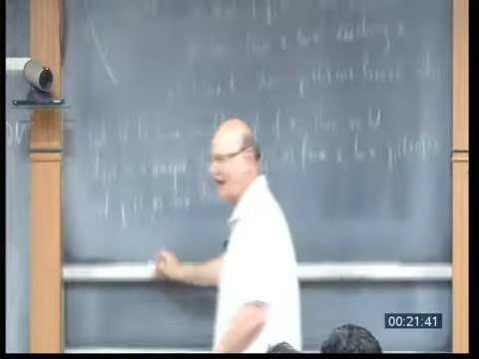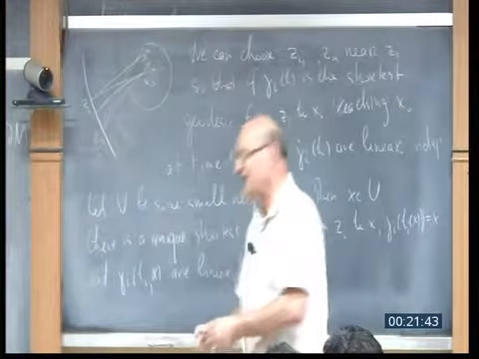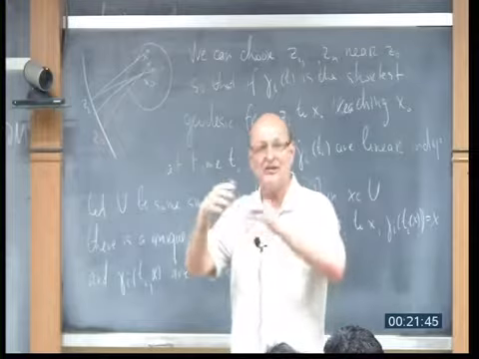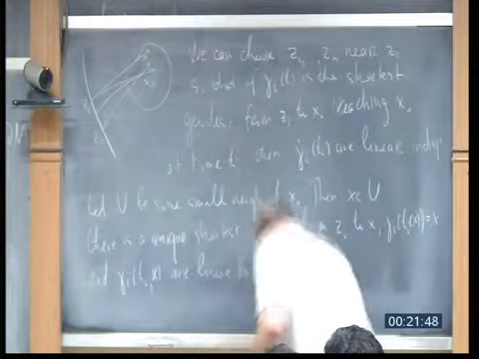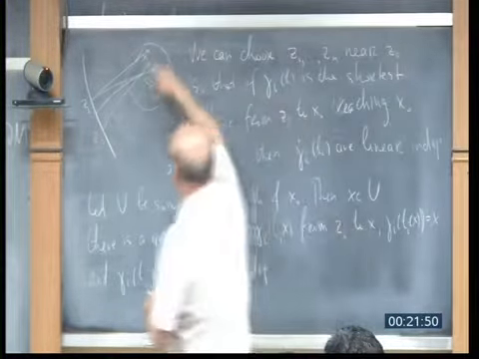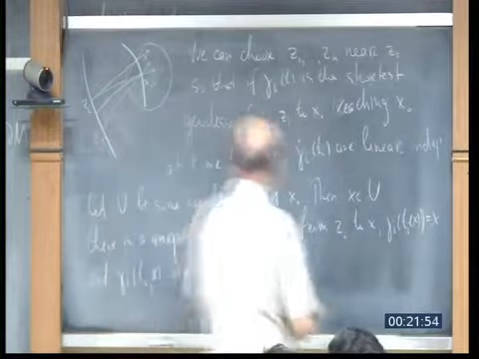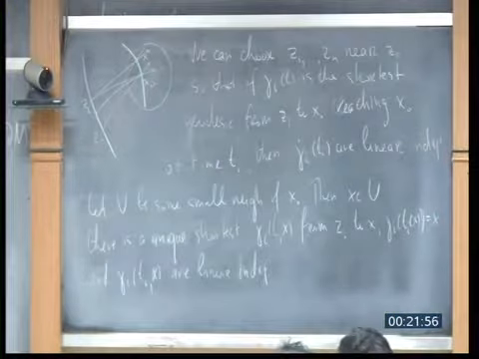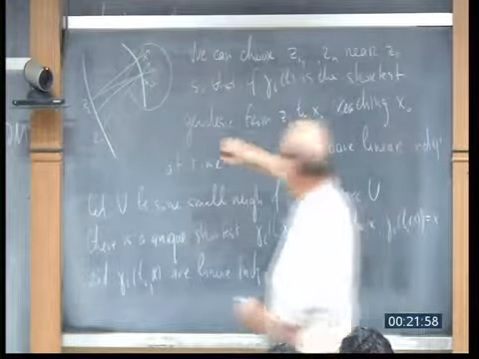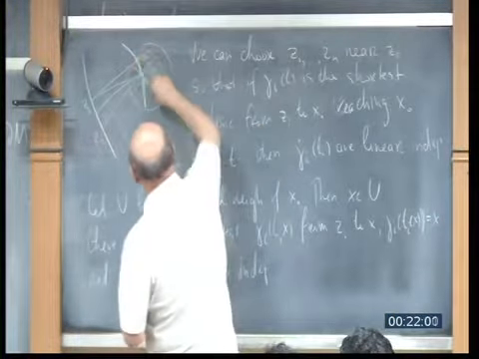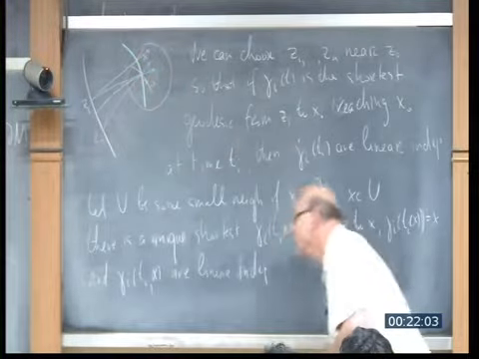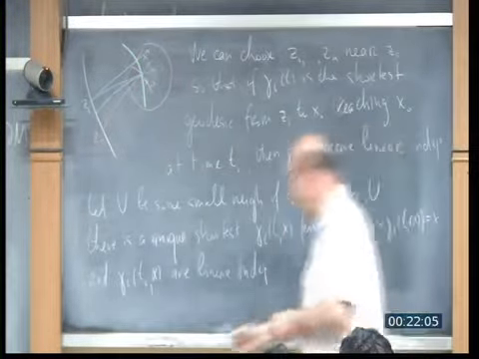Let me draw slightly distorted spheres, but they are still spheres, meaning they have no singularity, something like that. And that's probably a sphere through x0.